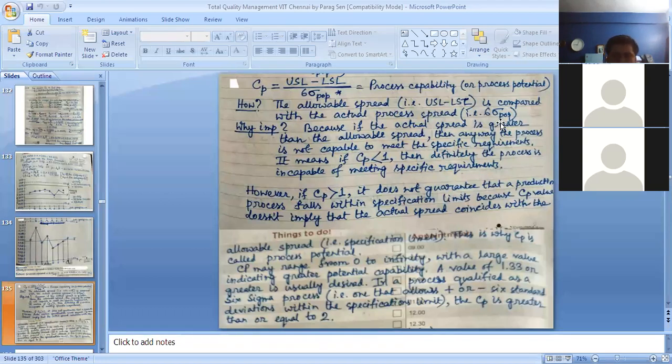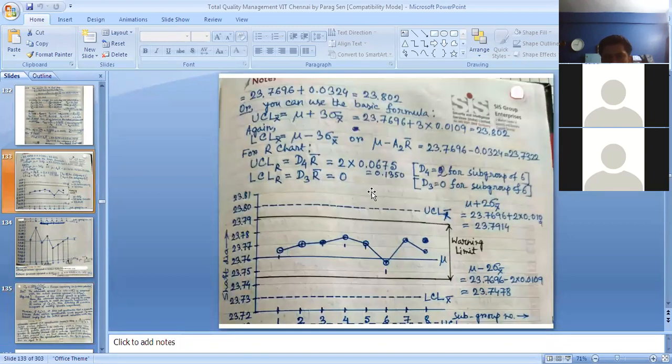Because if this does not happen, that means if your actual process spread becomes greater than the allowable process spread, then the process is not capable to meet the specific requirements. You can very easily understand. Though the actual process spread represents the sample, we are considering population, but it is easier to understand like this.